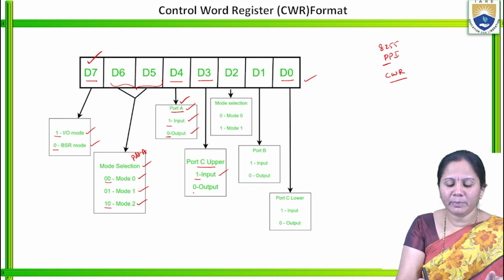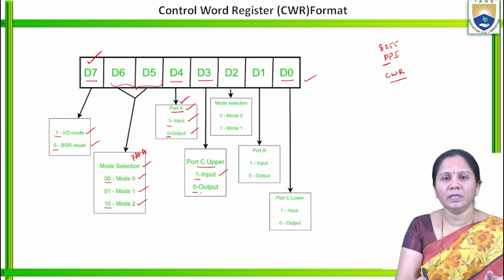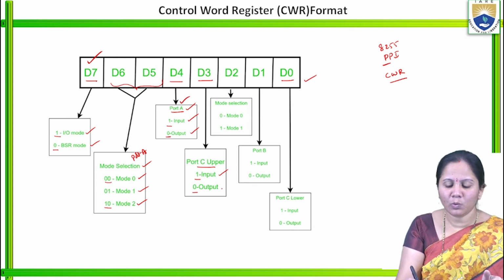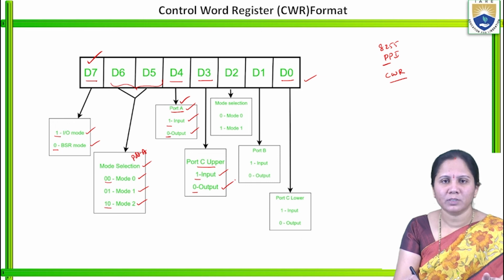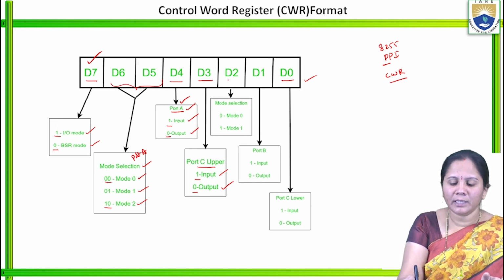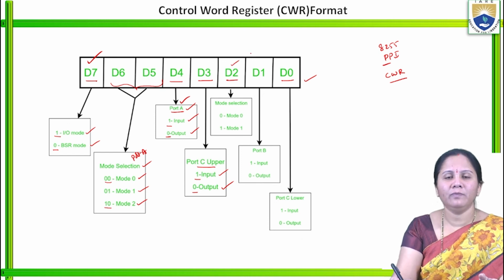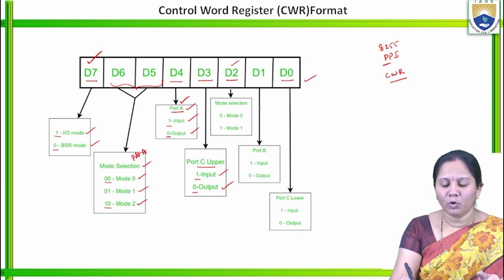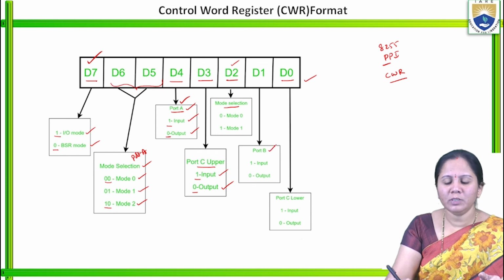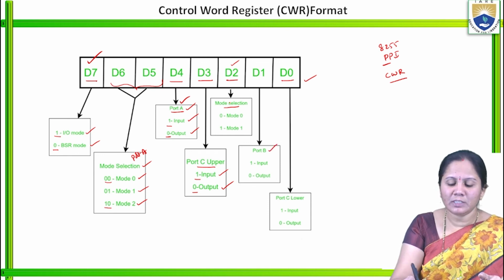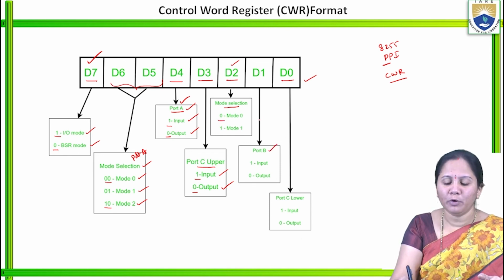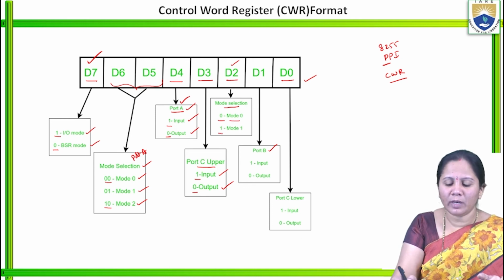And if D3 bit is 0, port C upper will be used as output port. And the next bit is D2. This D2 bit will decide the mode of operation of port B. If this D2 bit is 0, port B will be operating in mode 0. If D2 bit is 1, port B will be operating in mode 1.